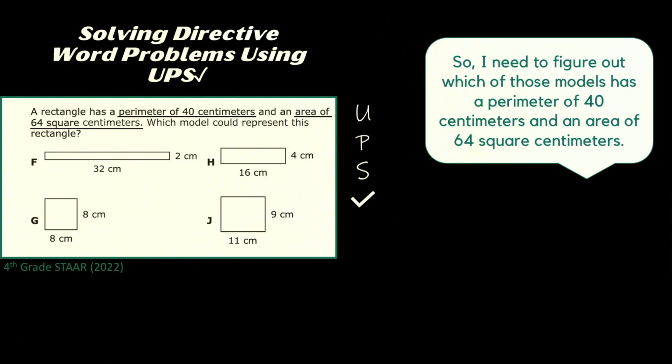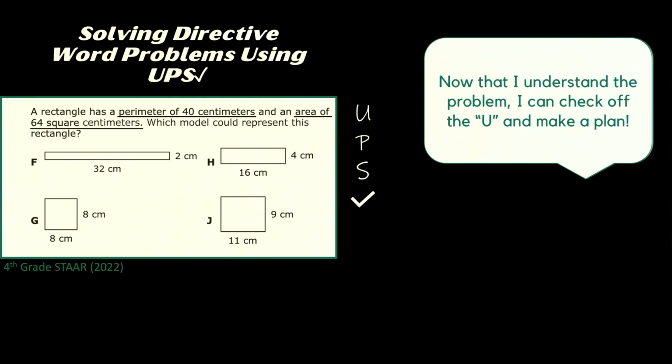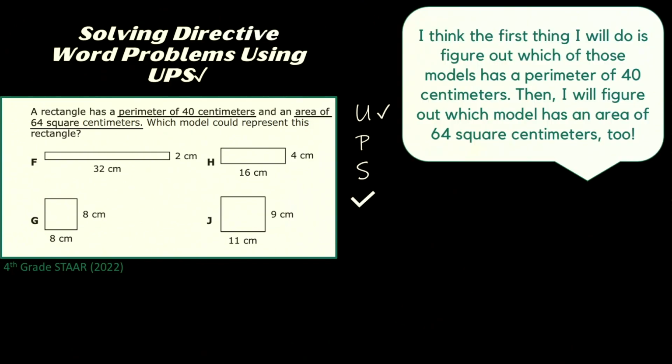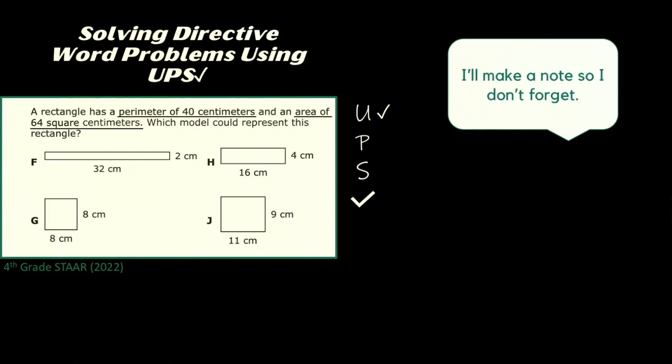I'm going to go ahead and underline those two pieces of information so I can refer back to it quickly. Now that I understand the problem, I can check off the U and move on to making a plan. I think the first thing I will do is figure out which of those models has a perimeter of 40 centimeters. And then I can figure out which model has an area of 64 square centimeters too. I'll make a note so I don't forget.